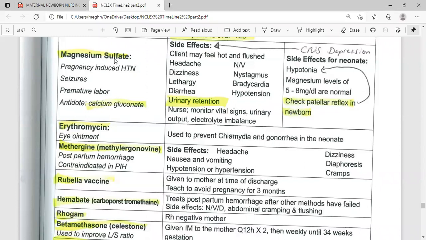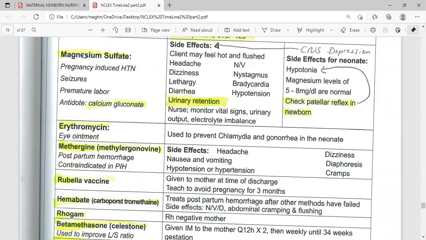We give magnesium sulfate. But when we give magnesium sulfate, it is important to monitor mother to see the side effects. So keep it noted, magnesium sulfate, the clinical use: prevention and treatment of seizure in pregnant mother, or prevention and treatment of seizure or convulsion in eclampsia or severe preeclampsia.